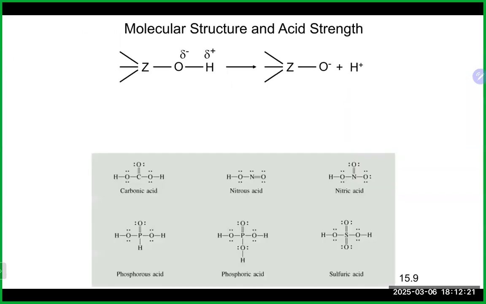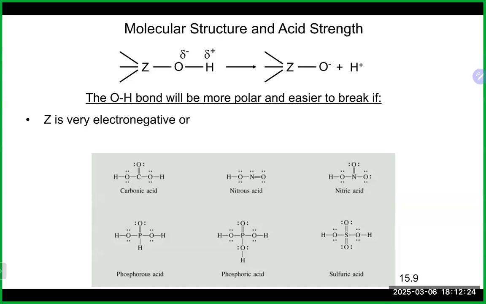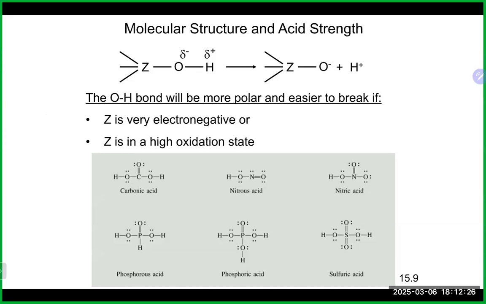When we have acids that have oxygen, these are sometimes referred to as oxyacids because they have oxygen in them. They usually will contain those polyatomic ions that everybody loves, your ates, your ites, and bad memories, I understand. But they usually will also have an OH bond. And that OH bond is a polar bond because of the difference in electronegativity between the oxygen and the hydrogen, the oxygen being more electronegative than the hydrogen.